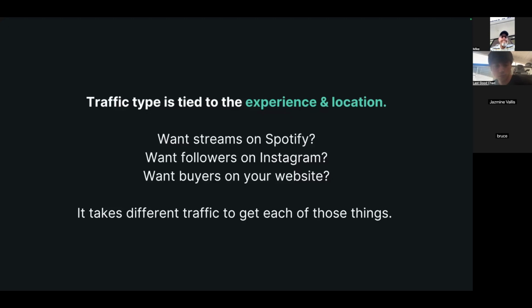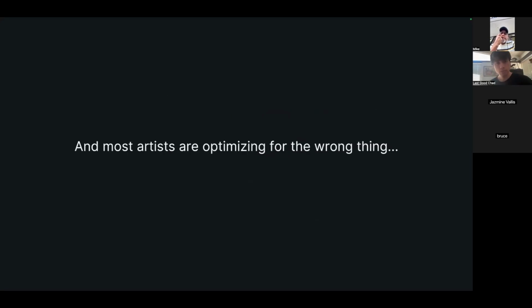Right? If you want streams on Spotify, the best kind of traffic is to promote on Spotify. If you want followers on Instagram, the best way to promote is directly on Instagram. Now, if you want buyers on your website, that's completely different, right? It takes a different kind of traffic to get buyers on your website compared to streams on your Spotify, right? Experience and location.